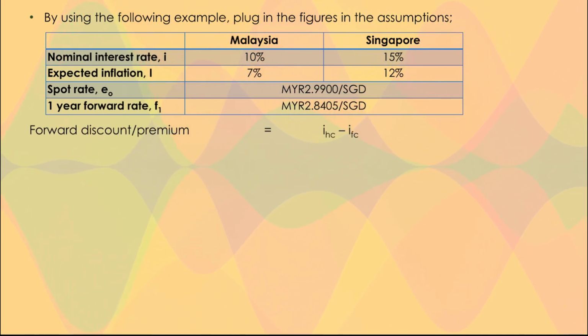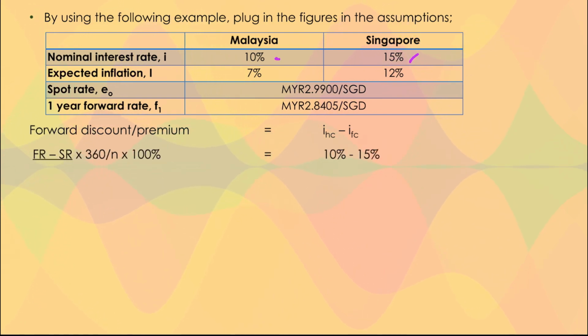So we calculate first the forward discount or premium. Interest at home currency minus interest at foreign currency is 10% minus 15%. Forward discount or premium uses a similar formula to chapter 4.